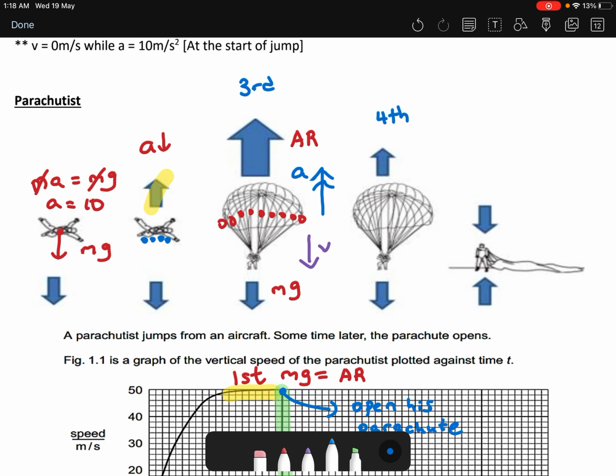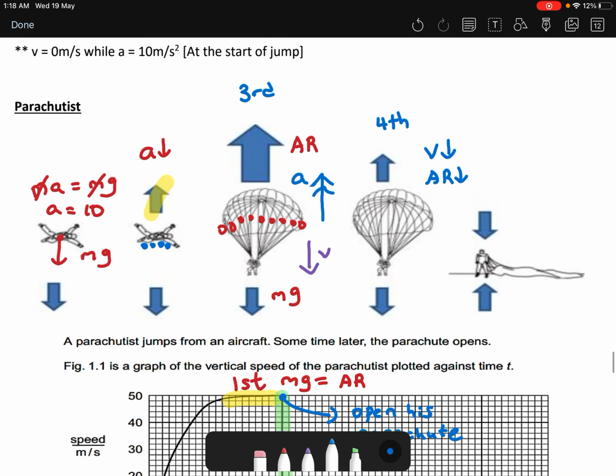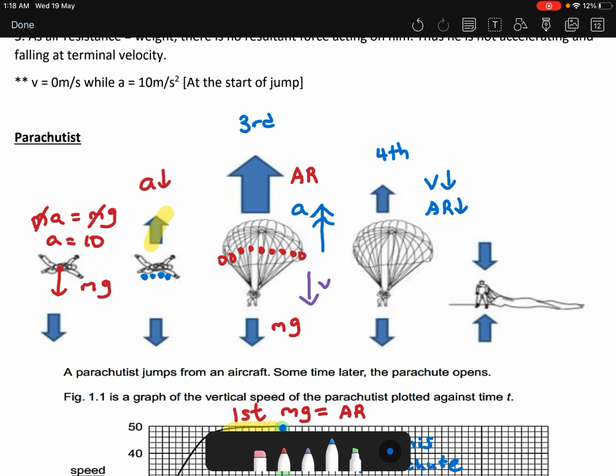At the fourth diagram, your velocity decreases, hence your air resistance decreases. Just remember, what determines the amount of air resistance is basically your speed. Air resistance is directly proportional to the speed.